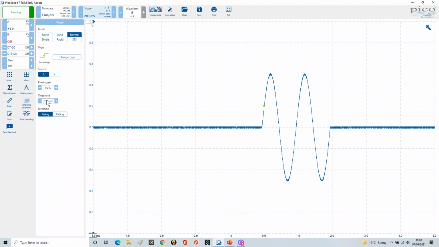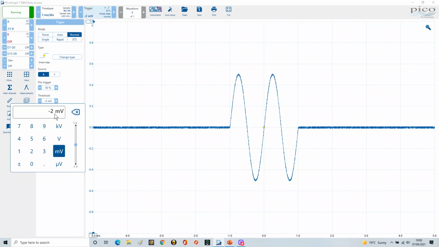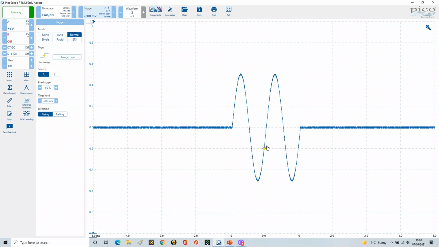If I now go to negative 200 millivolts, and there we go. So now this is on a rising edge at negative 200 millivolts. Well, the threshold isn't touched at that point because we're below this threshold line here, the 0 volts here, so we're coming up.